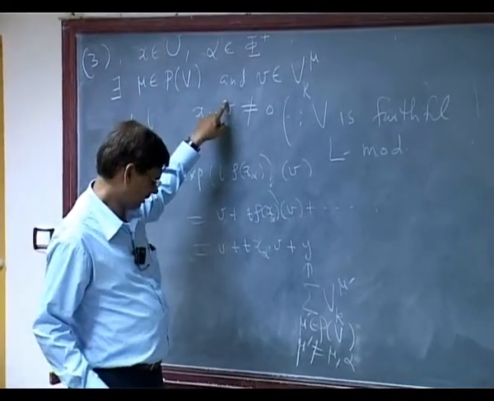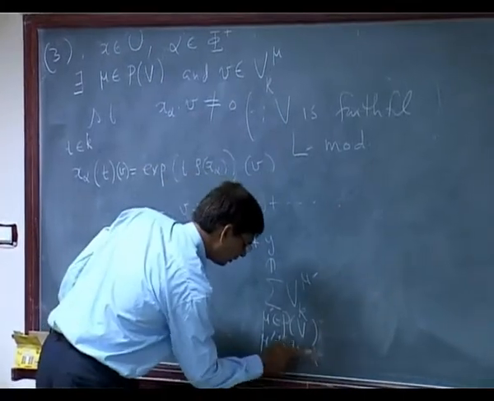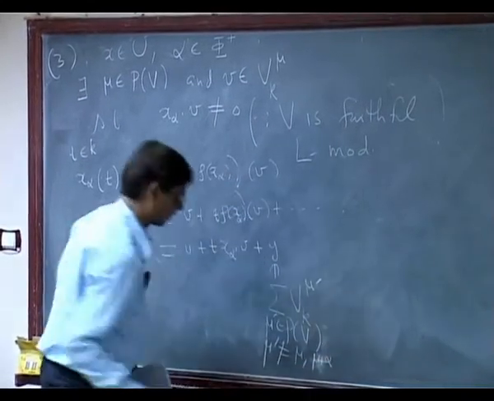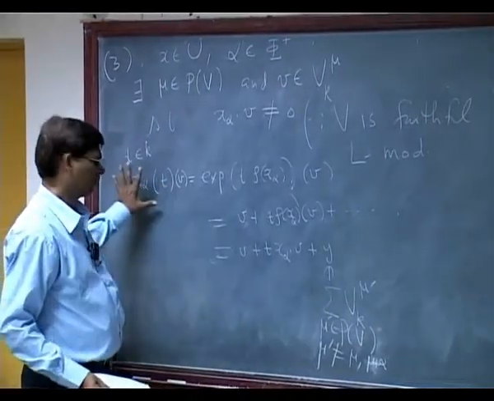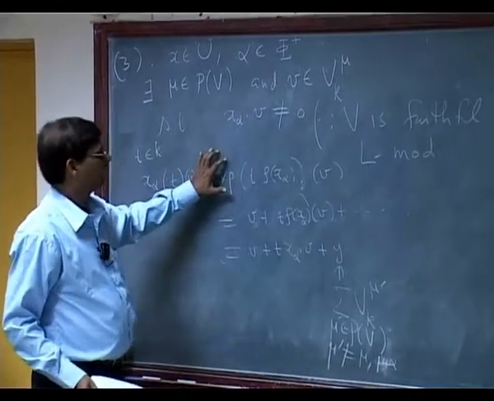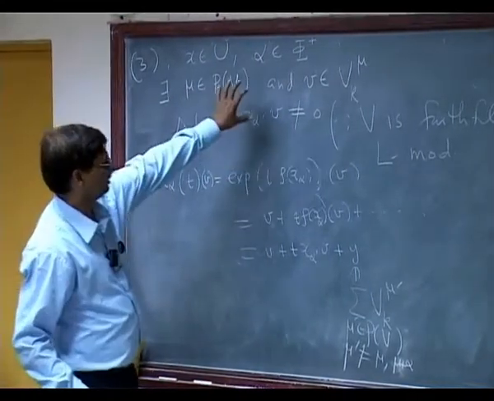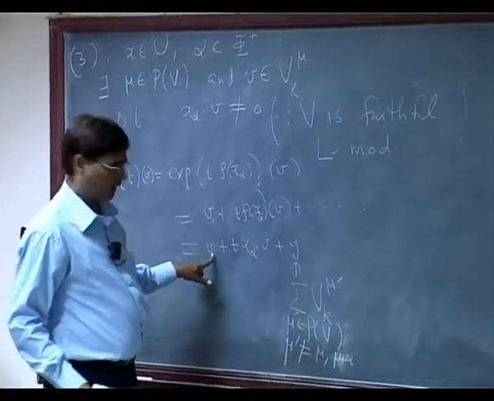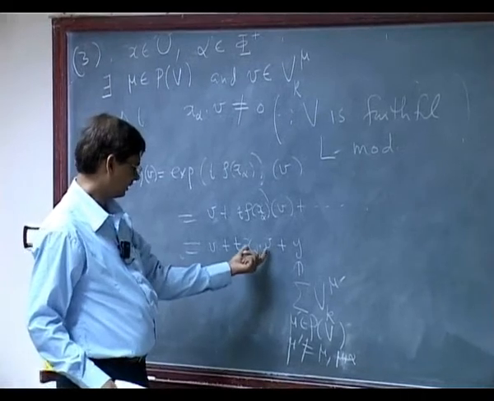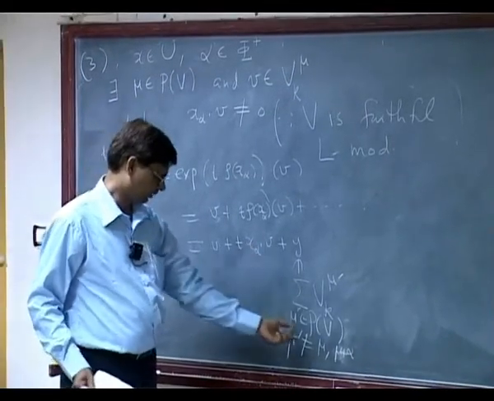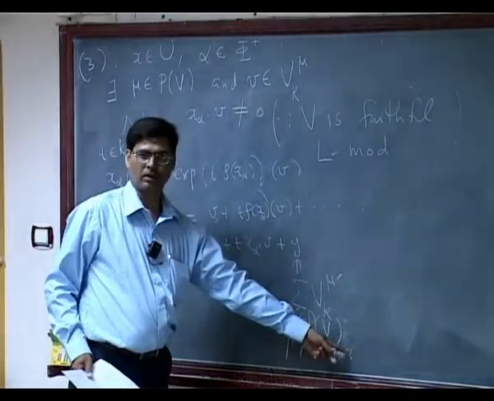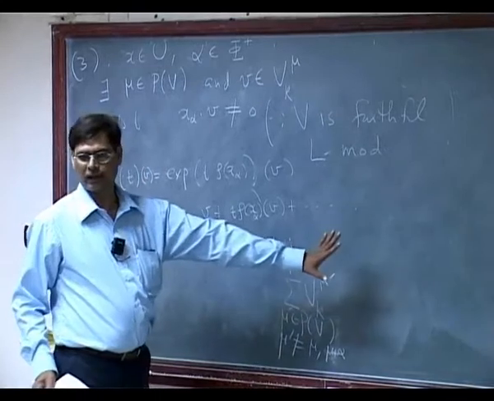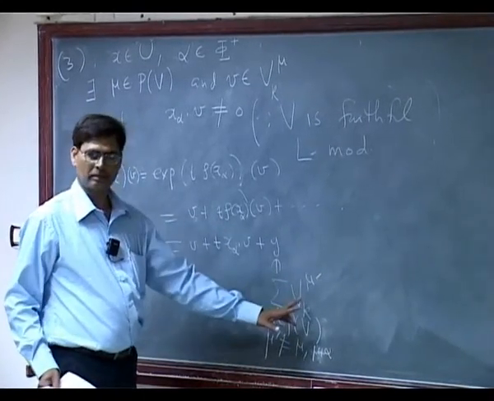So, this will split as a sum of elements in the eigen subspaces: this is a component from V_mu, this is a component from V_(mu plus alpha), and y is the sum of all other elements, okay.